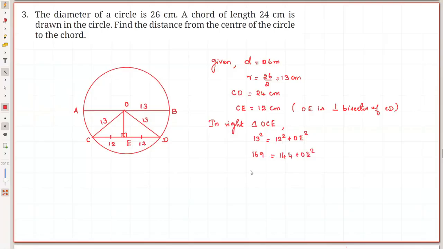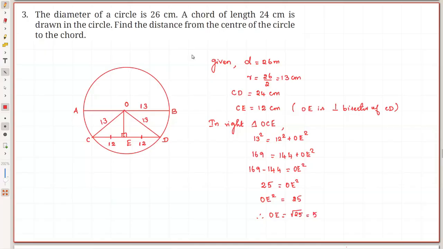Take 144 to this side: 169 minus 144 is equal to OE square. 169 minus 144 is 25, so OE square is 25. Therefore OE is equal to the square root of 25, which is 5. So OE is equal to 5 centimeter.